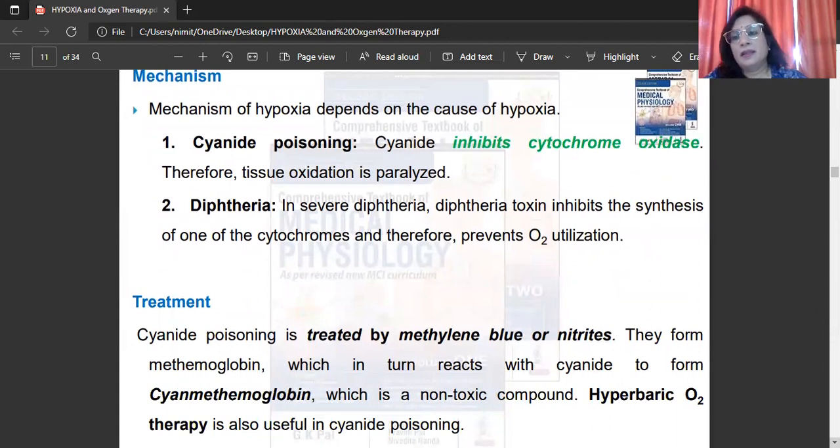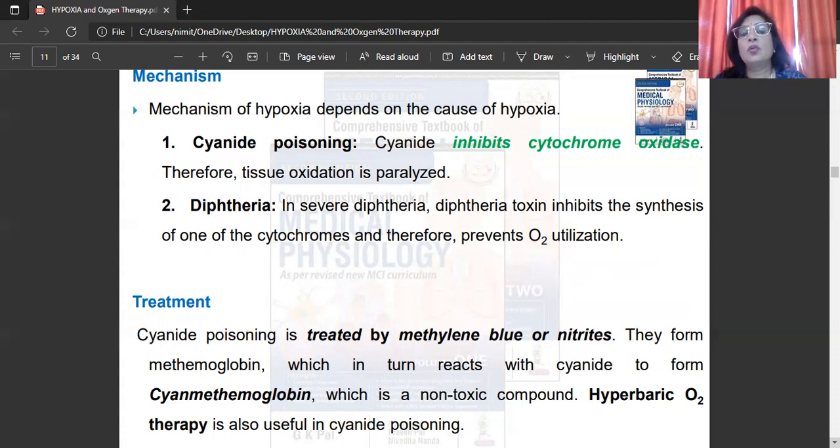Now, what is the mechanism? The mechanism of hypoxia will depend on the cause of the hypoxia. For example, in cyanide poisoning, cyanide inhibits cytochrome oxidase.